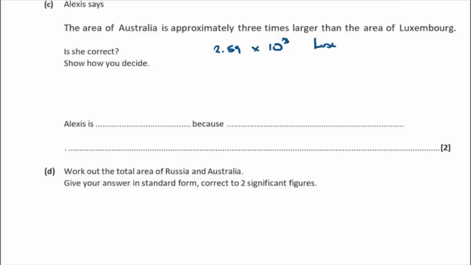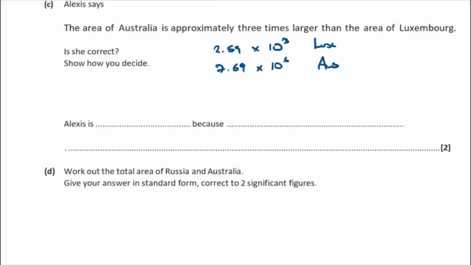If you just have a look at the mantissa part, the number at the front, then if you took 2.59 and times it by 3, you would get something around 7.69, which is the mantissa part of Australia. But Australia is 10 to the 6. So that is nowhere close.